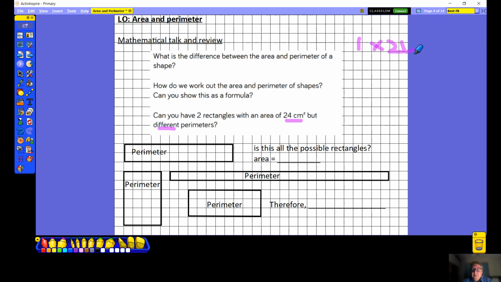It's a bit painful doing this with the mouse. I'm going to persevere just to make it clear. So 2 times 12, 3. It's in the 3 times table.